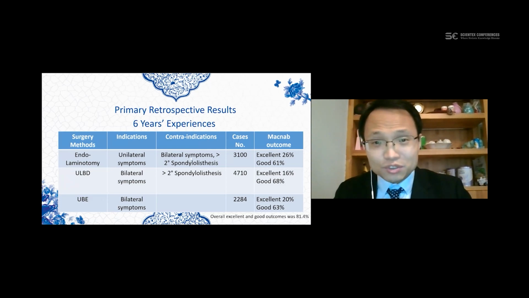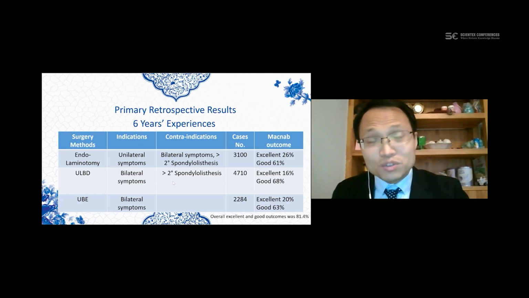Contraindications are bilateral symptoms and over 2 degrees of spondylolisthesis. We have over 3,000 cases. Excellent and good readouts were 87%. But ULBD is indicated for bilateral symptoms, but contraindicated for patients with over 2 degrees of spondylolisthesis.